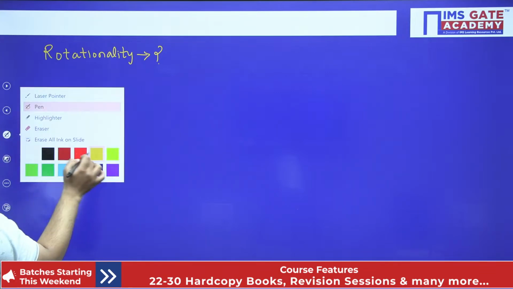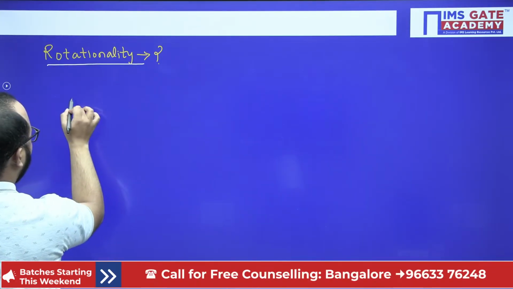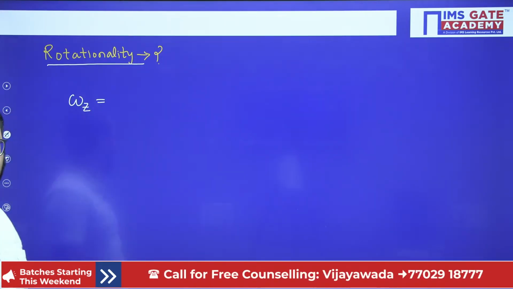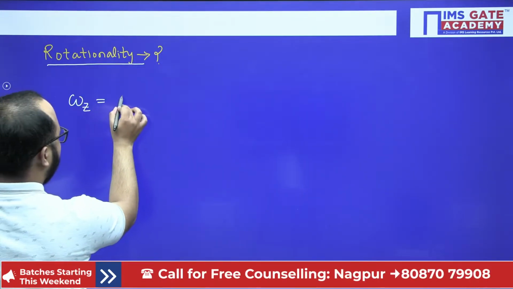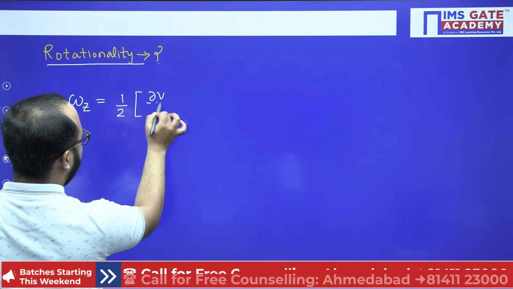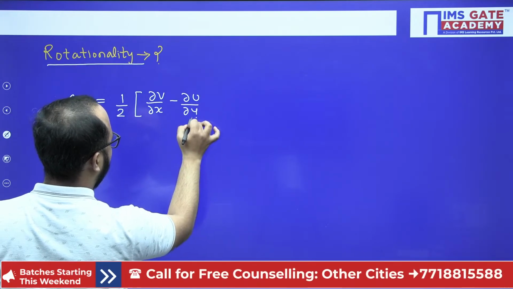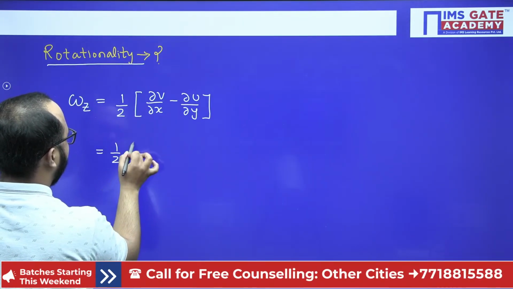See, for the rotationality, what we'll do, we'll check first of all the omega z component. As we have taken the xy direction, obviously omega z we need to check, right? So omega z will be equal to half of (∂v/∂x minus ∂u/∂y).